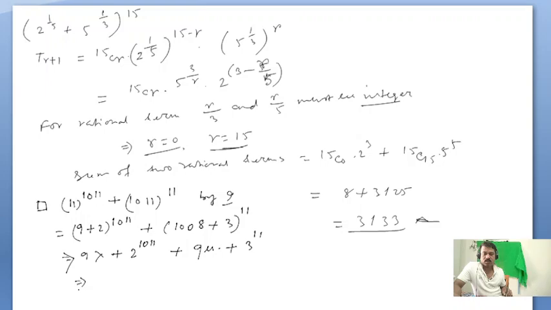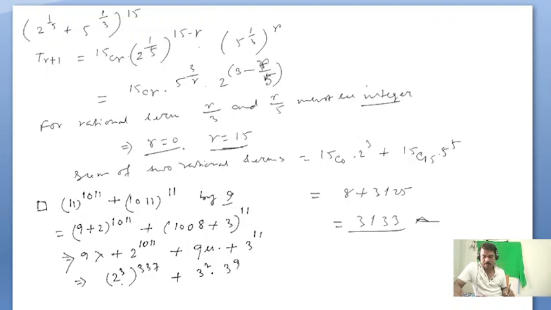In this case, we may write here 2 cube whole to the power 337 plus we also write 3 to the power 2 into 3 to the power 9.